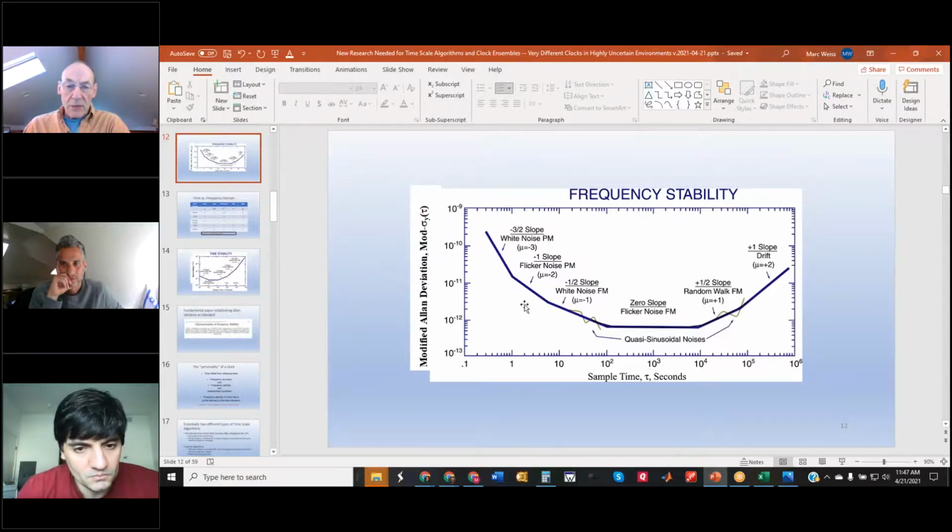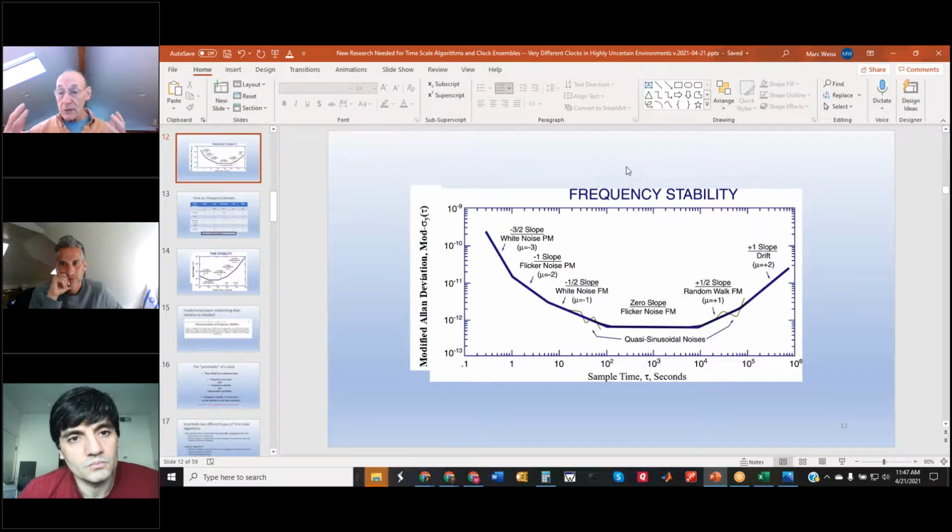It has this white phase noise in short term, comes down very rapidly, is very good in short term, but then quickly hits a random walk and a drift or an aging process and walks off. So if you've got a quartz oscillator and a GPS receiver, somewhere around 10, 100, maybe even 1,000 seconds, the GPS receiver is much better in long term than the quartz is.